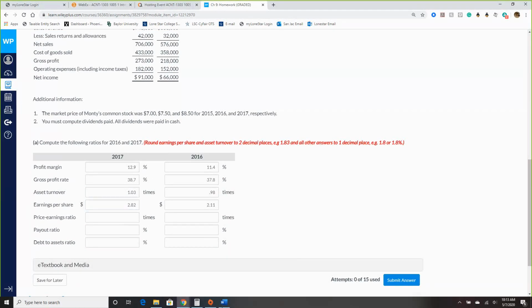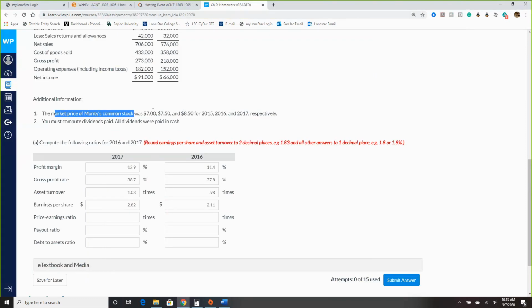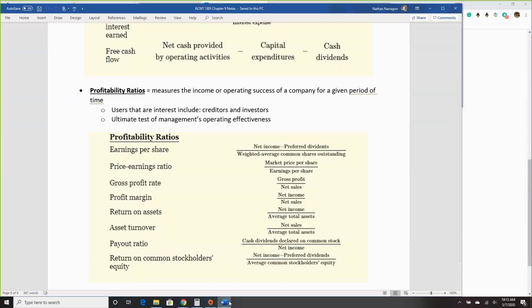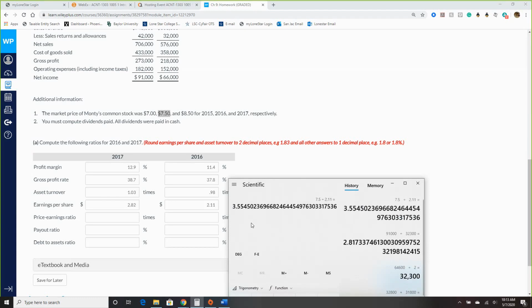Nice. Okay. Next ratio, price earnings ratio, and we're going to look for it. Market price per share divided by earnings per share. So this one they actually give us. So market price in 16 was $7.50, divided by our earnings per share in that period.